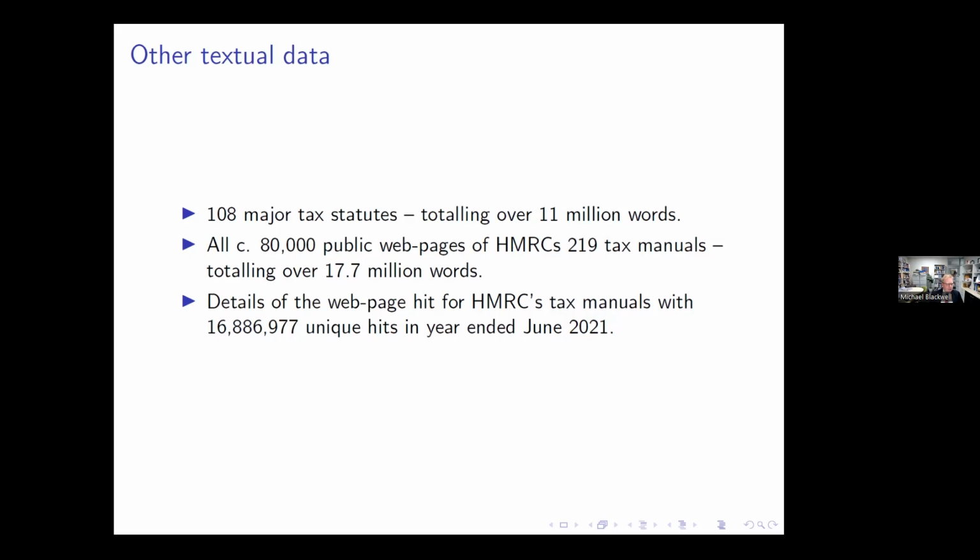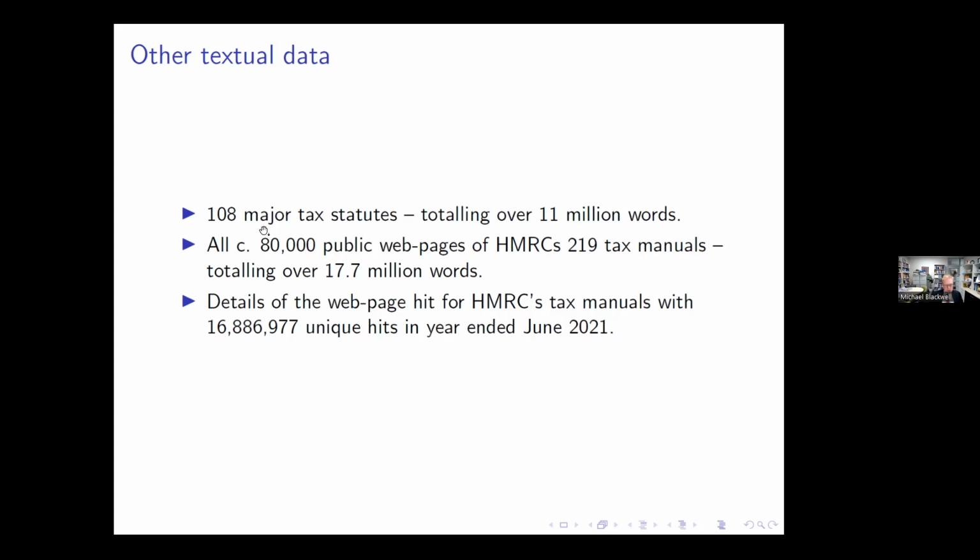And also HMRC has provided me with the website hits of each of those manual pages over a 2-year period. So I can see the pages that both inspectors, because they access the manuals on the web, and taxpayers, who frequently turn to the manuals for advice, consider useful, or at least seek guidance from.